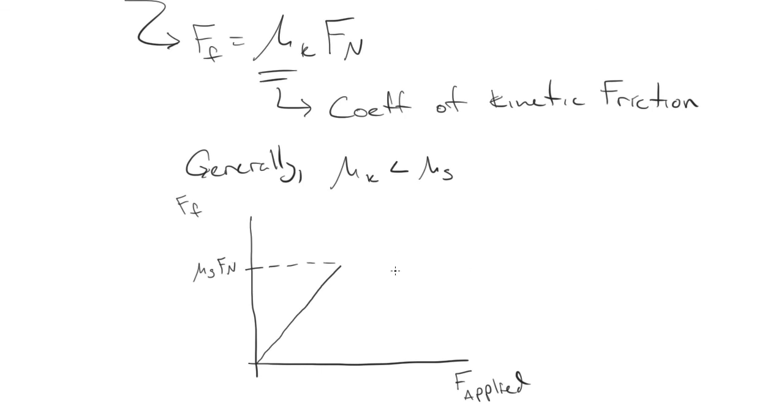At that point, if you push any harder, the object will start to move. And so what happens is this happens. And then you get a curve that looks like this. What this says is right at this point, the object starts to move because I've overcome static friction.